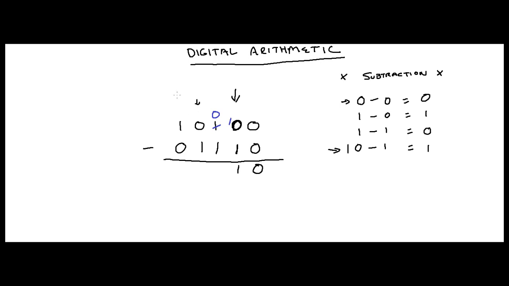No. Can we borrow from this column? And the answer is yes, right? Here we go. This becomes a 0, all right? That becomes a 1. And we're going to have a 1 here.